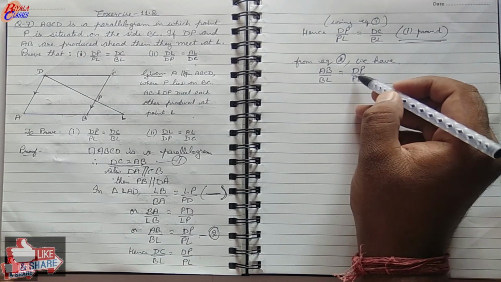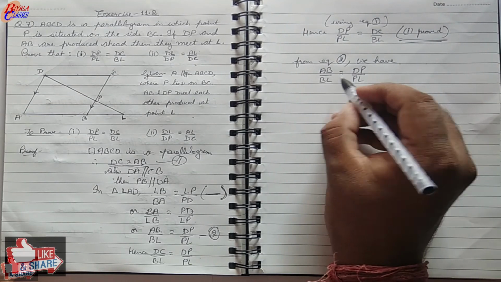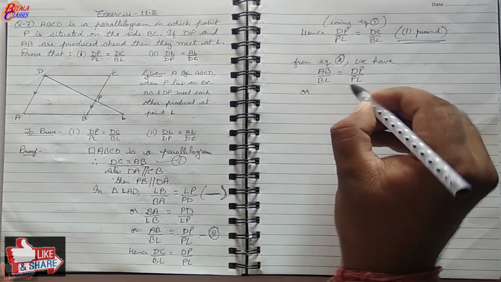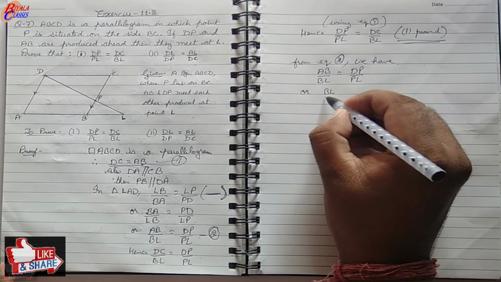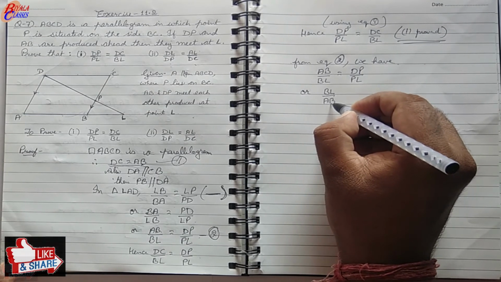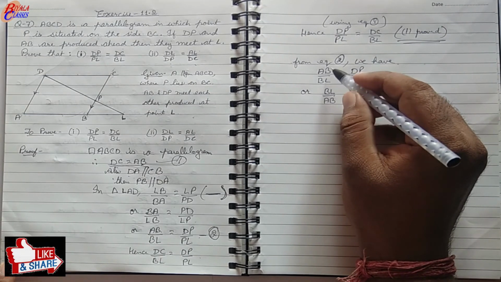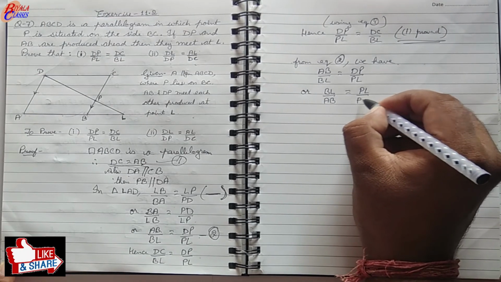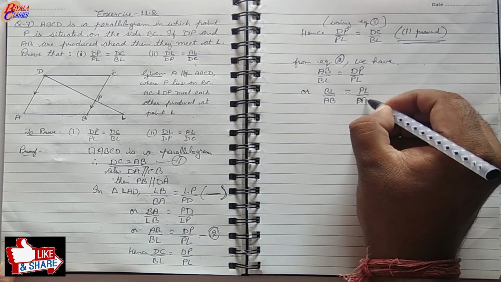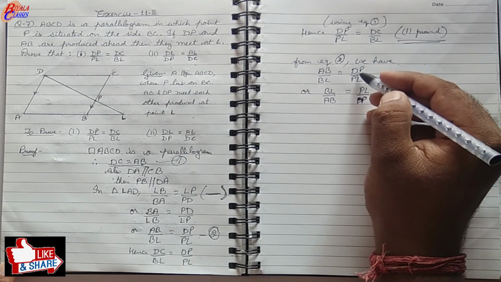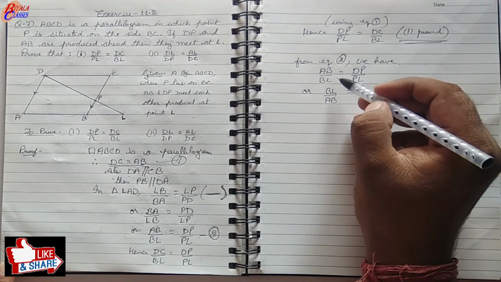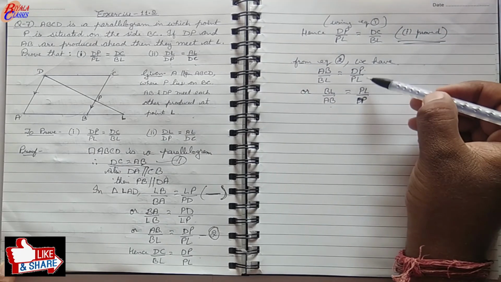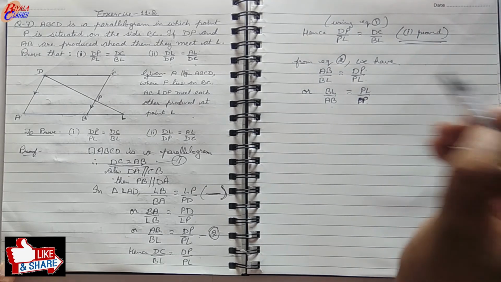Now taking the reciprocal, you can rewrite it as BL upon AB is equal to PL upon DP. Just we have taken the reciprocal: AB upon BL becomes BL upon AB, and DP upon PL becomes PL upon DP.